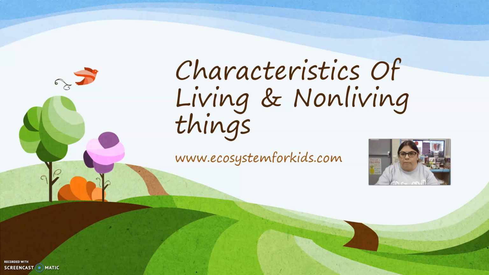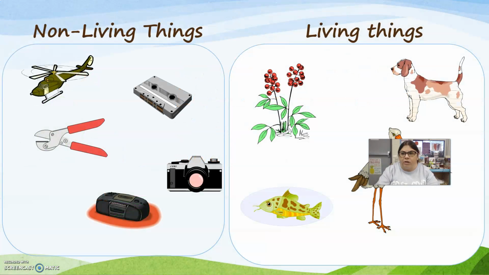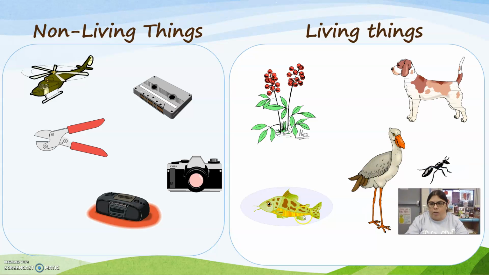So let's get going. Okay, so as you can see here, friends, let me move my little video down here. There we go. As you can see, my friends, I have on this side non-living things, and on this side I have living things. On the non-living side, I have a helicopter, a wrench, a cassette tape, a camera, and a radio.